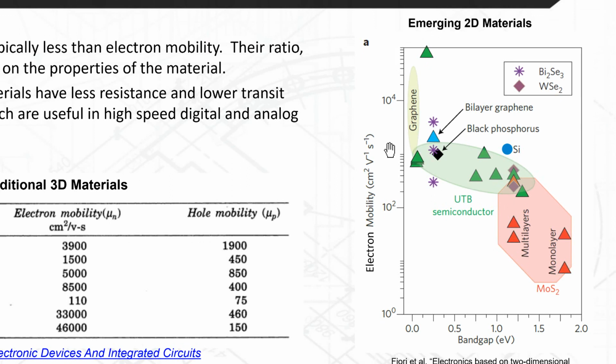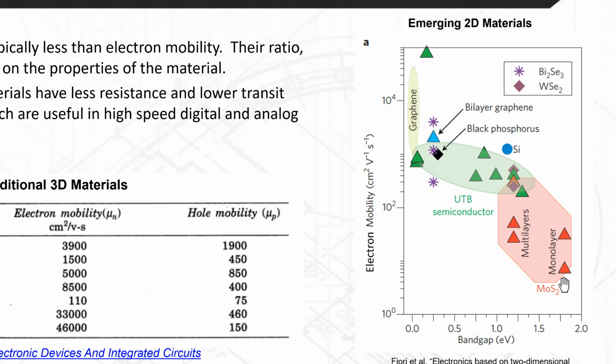And of the features we pointed out here, graphene has really high mobility, in the tens of thousands. That's one of the reasons why it's placed up here. Silicon is right about here, in the middle of the map, with a mobility of about 3,000 to 4,000 centimeters squared per volt second. You get to some of these monolayer materials.